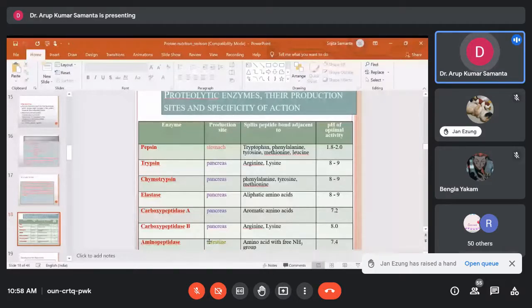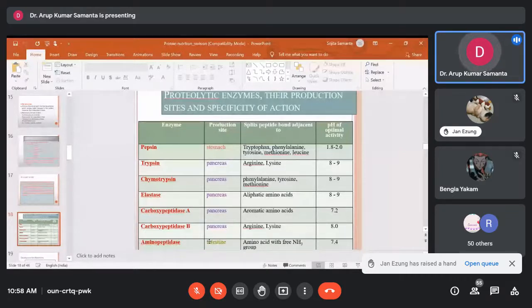During that time, you have to write all the enzymes which are responsible for digestion, starting from stomach. For carbohydrate digestion, I told you the digestion takes place from the mouth up to the large intestine. But in case of protein, it starts at stomach level, then up to intestine level. There are several enzymes responsible for protein digestion. I am not going into details because time is short.